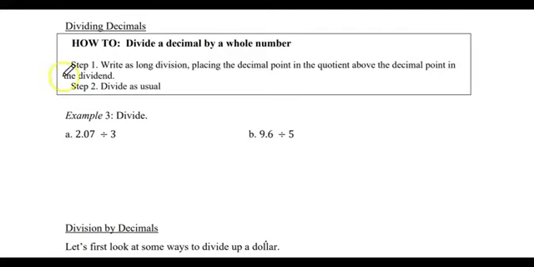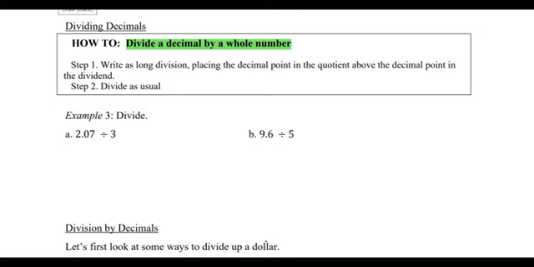The first is when we divide a decimal by a whole number. When we do, we write it as long division, placing the decimal point in the quotient above the decimal point in the dividend. We divide as usual.